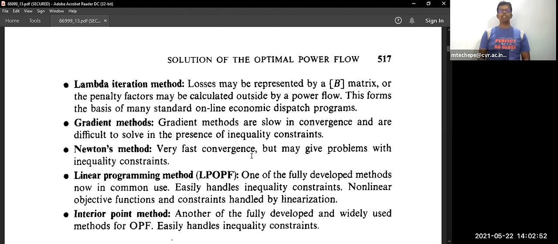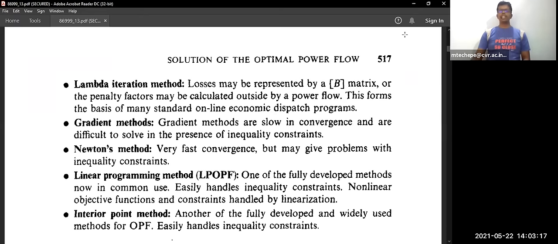Among these, Newton's method is a normal solution methodology. It gives the solution fast, but if inequality constraints are there, it may cause problems for the solution.